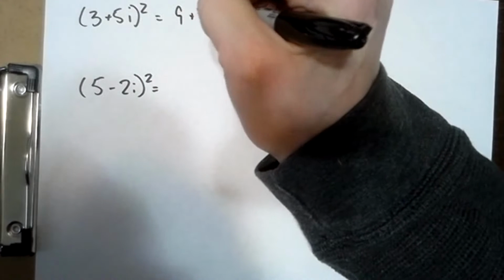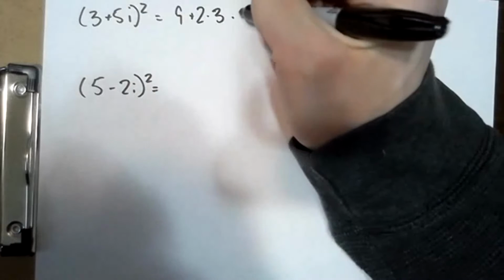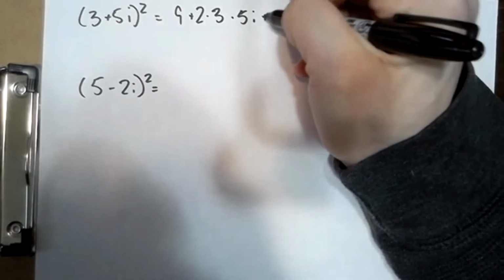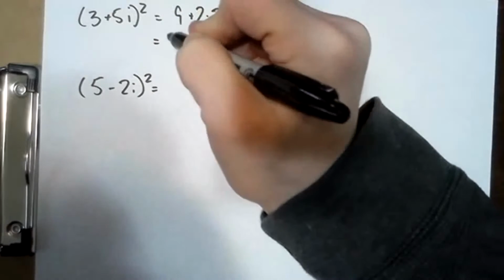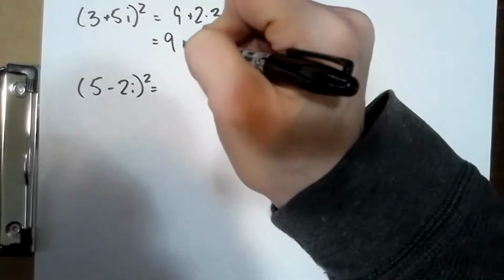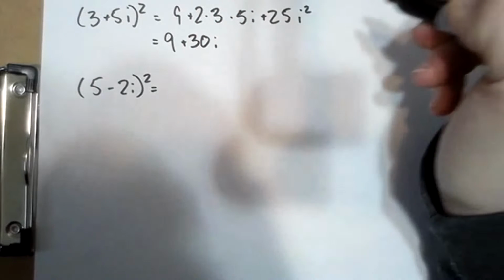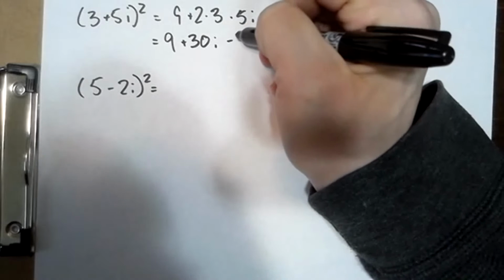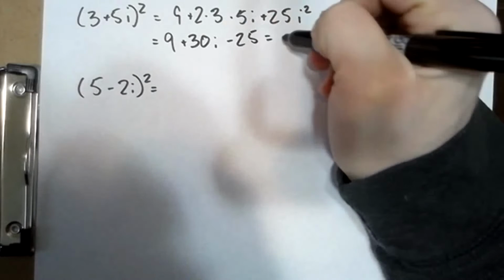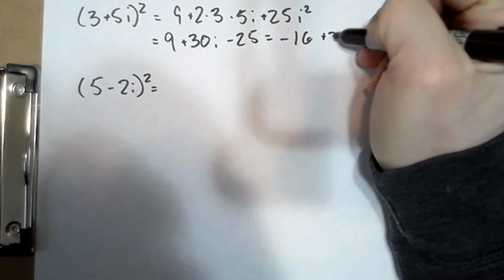So that's plus 2 times 3 times 5i. And then we square the last term, plus 25i squared. Okay, well, that gives us 9 plus 30i minus 25, which is negative 16 plus 30i.